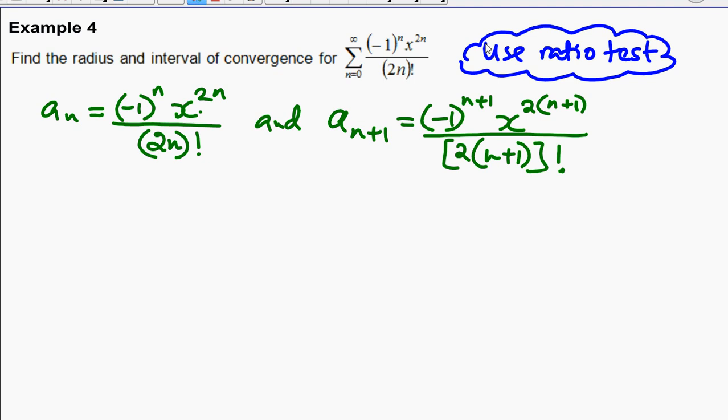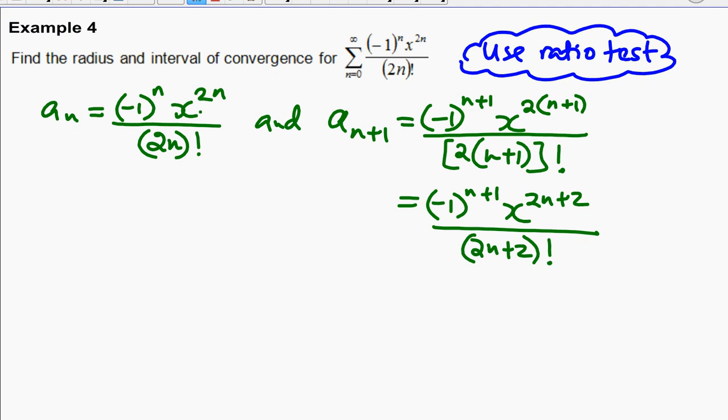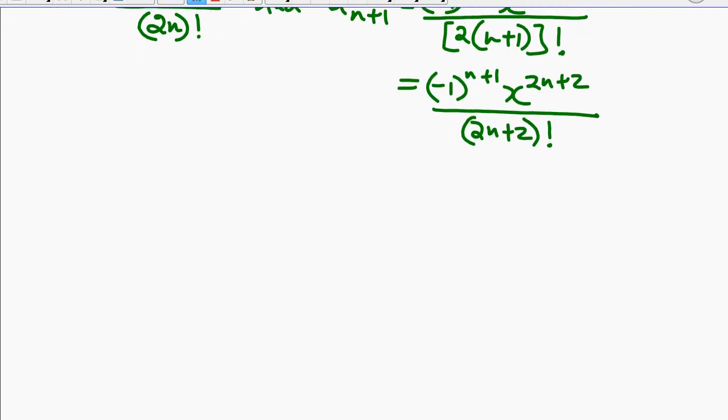I can actually simplify this to (-1)^(n+1) x^(2n+2) over (2n+2) factorial. That's much easier than the version above there. All right, so now we are going to plug this in the formula for ratio test.